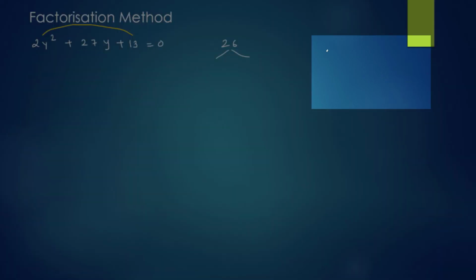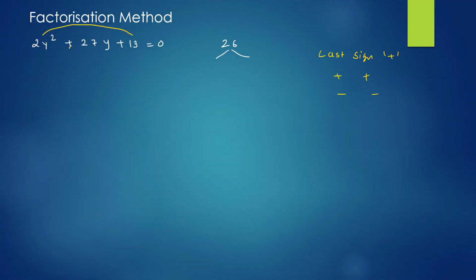Now again the rule was again last sign. Here last sign is plus, so rule was either plus and plus or minus and minus. Now in this sum, middle sign is plus, so we are using plus and plus. So we have to get 27 by addition of factors of 26.